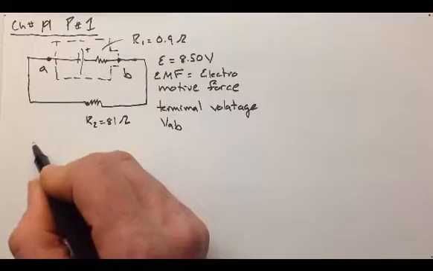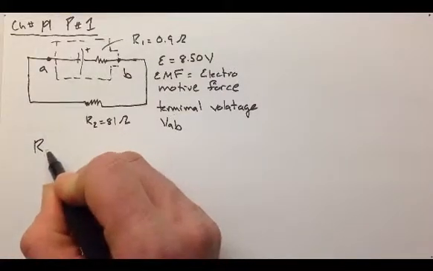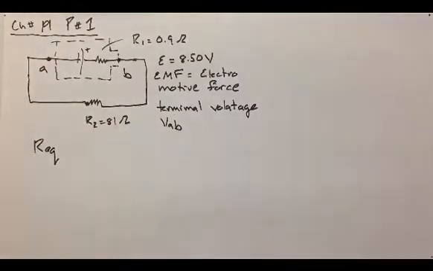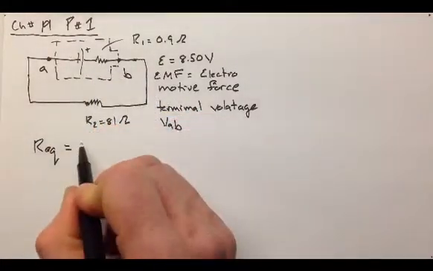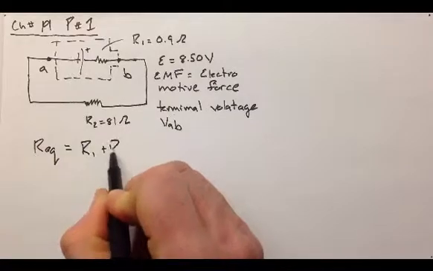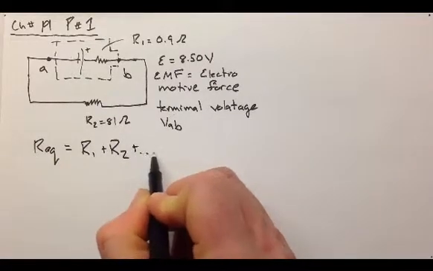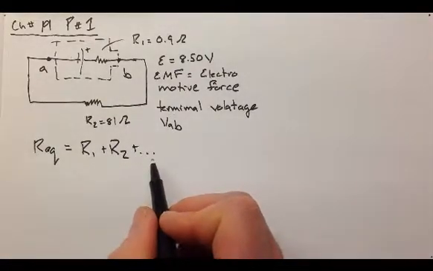Well, the first thing we need to do is calculate the equivalent resistance of this circuit. For two resistors in series like this, the equivalent resistance is you just add them up. Okay?